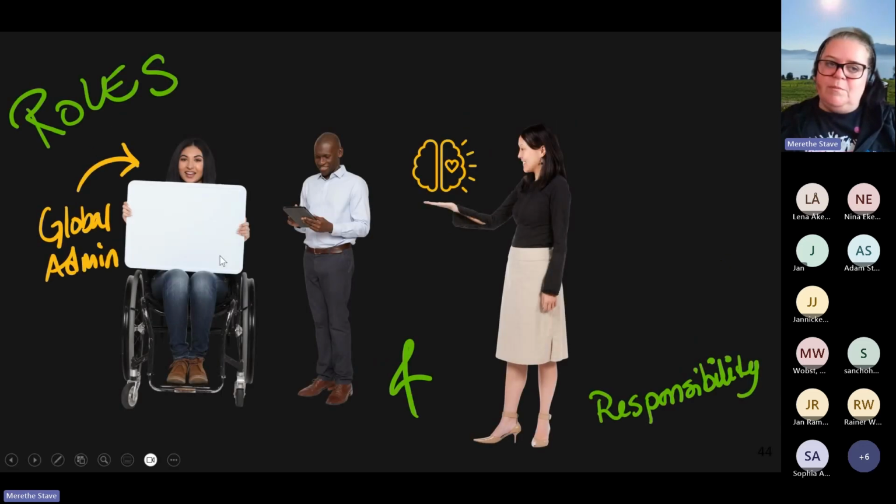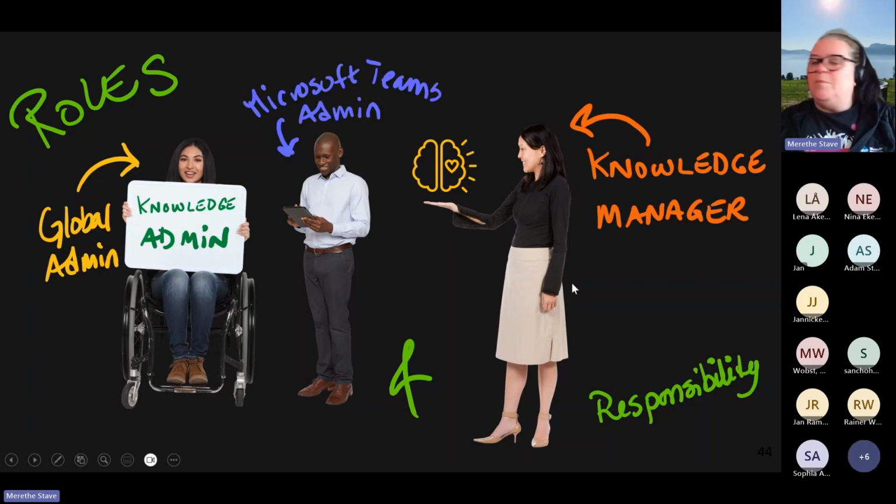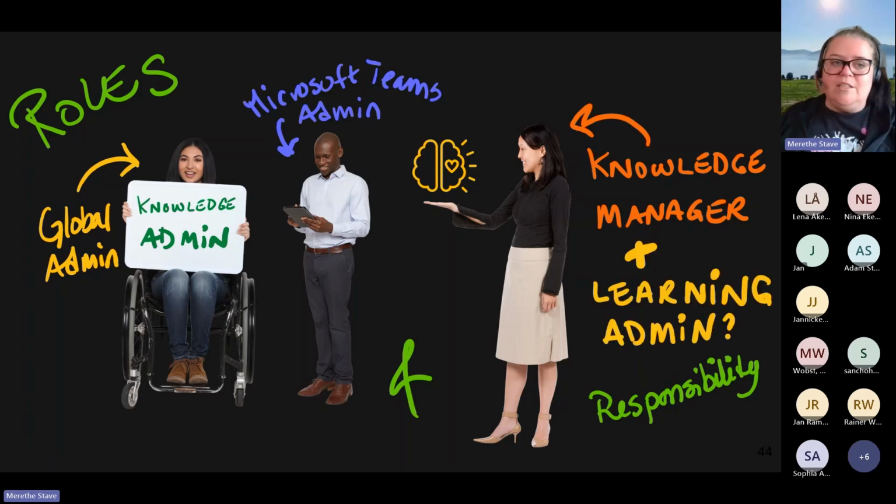And there are some important roles that we need to have in place. What is new is perhaps the knowledge manager. So hopefully you have that, or if you don't, you should have one or several people taking care of who owns the knowledge development in your organization.